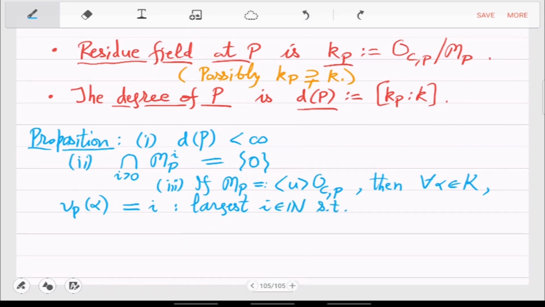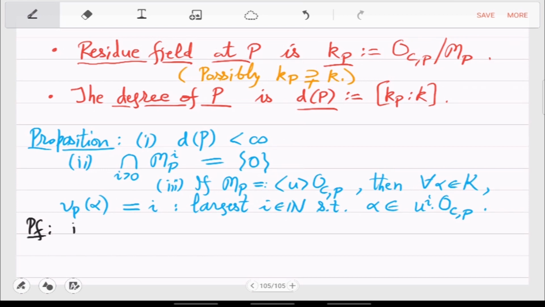So I can write it formally as alpha contained in u raised to i times O_P. So the third property is saying that for the generator of this principal ideal and the valuation, the connection is that for all field elements, V_P(alpha) is equal to the largest power of u that divides alpha. So these things continue to hold.